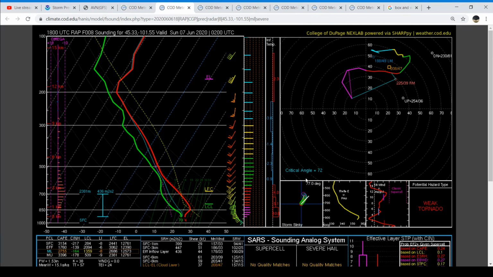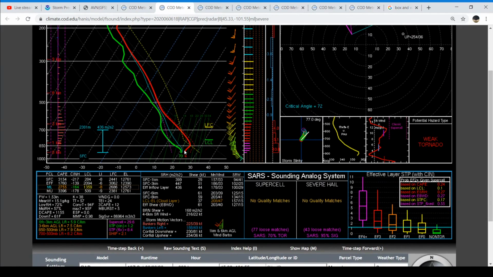So we can still see the convective inhibition through this area is really strong. It's not above negative 250, it's not below negative 250, but it's still relatively high. So we could still suspect maybe a brief spin up tornado through this region.